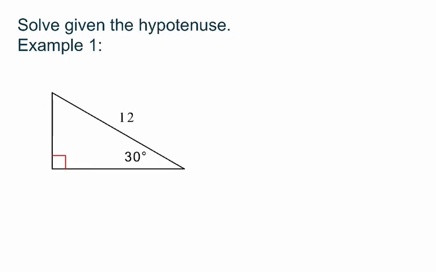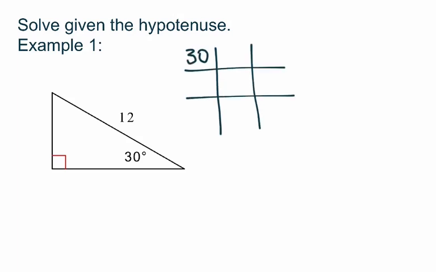Alright, so let's try when we're given the hypotenuse. Okay, same grid, 30, 60, 90, x, x square root of 3, 2x. Okay, so this time we have the hypotenuse of 12. Okay, yeah, we always want to return to the 30-degree column first.